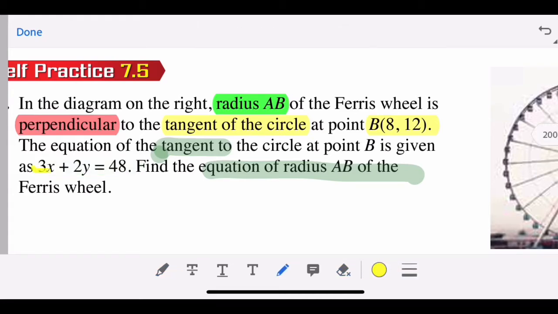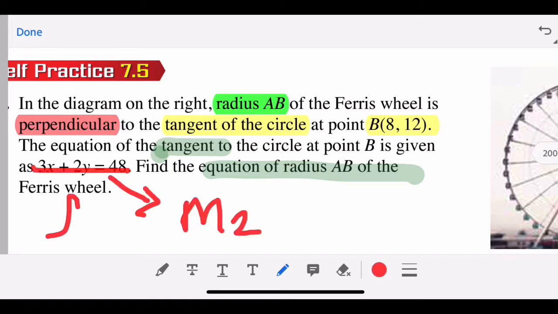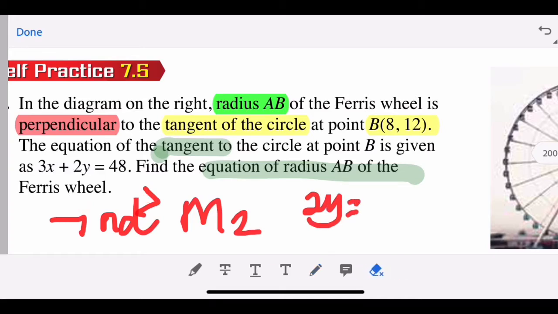Since the equation of the tangent is given, which is in yellow color, but the equation is not in gradient form, you cannot read the gradient. So your first step is to modify your equation until you can write it in gradient form.